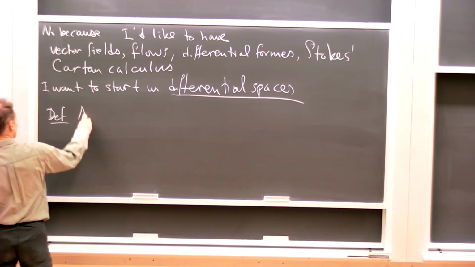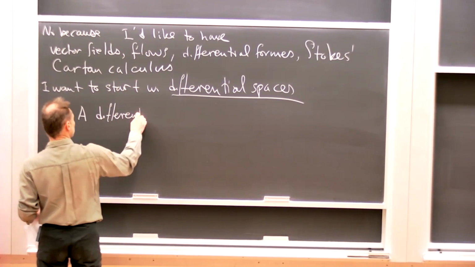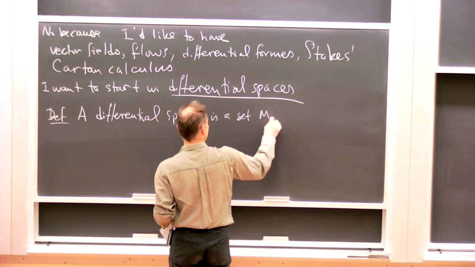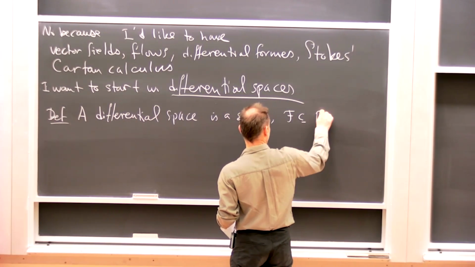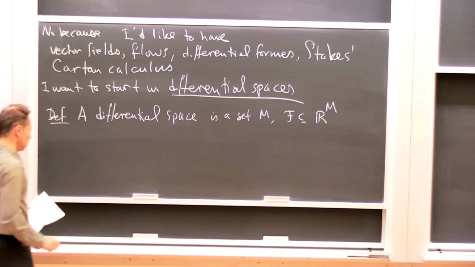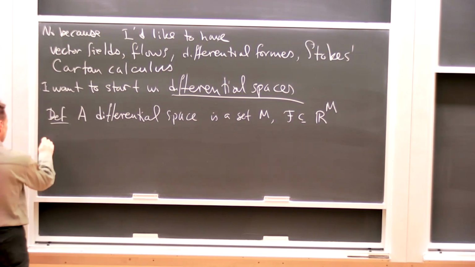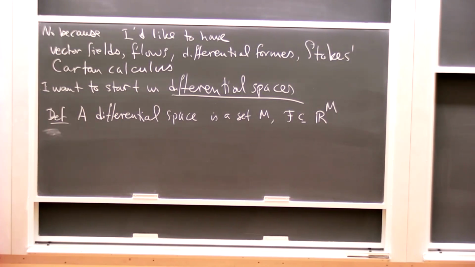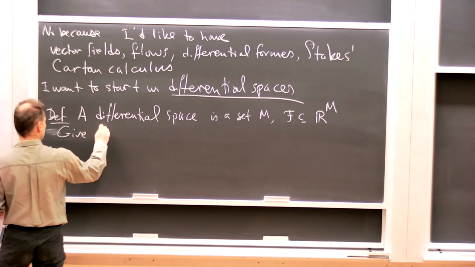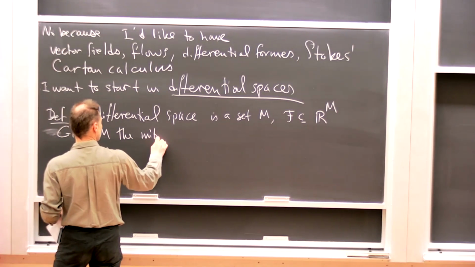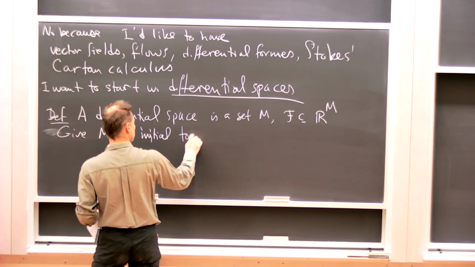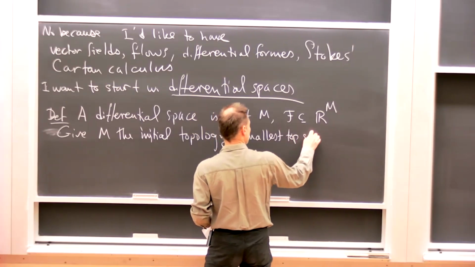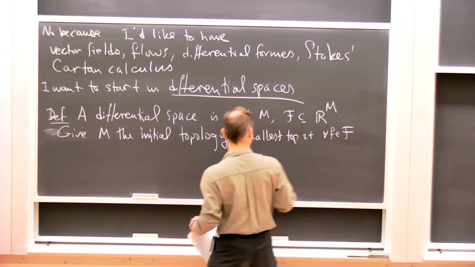All right, so let's start with the definition. A differential space is a set M with a collection script F of real-valued functions. Once you choose functions on a set, give M the initial topology, the smallest topology such that any f in script F is continuous.